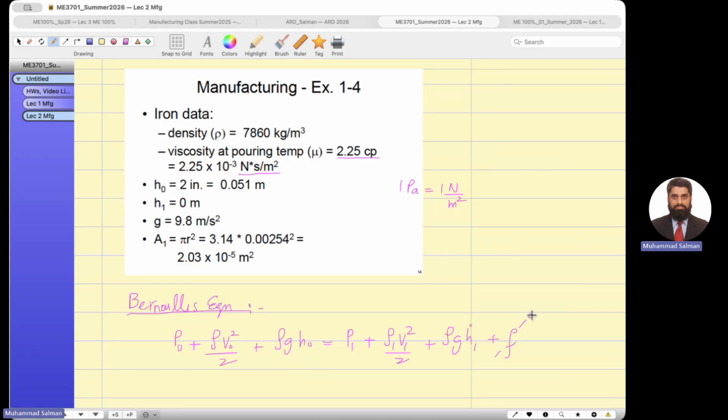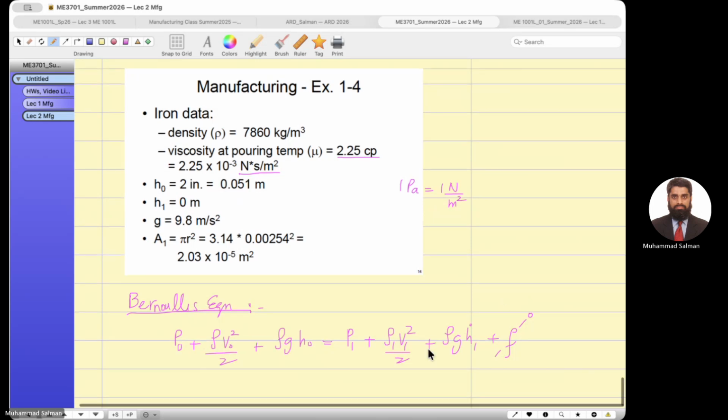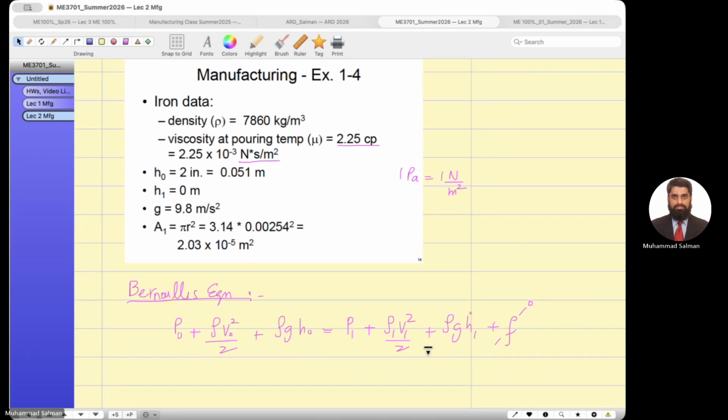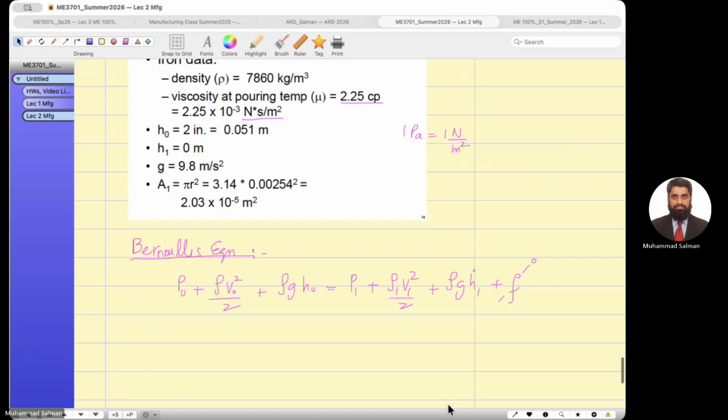This is the friction loss, which is zero, ignoring the friction losses. Can you find V1 from here? Because we need that V1 in the continuity equation, which is A1 V1 equals AG VG.